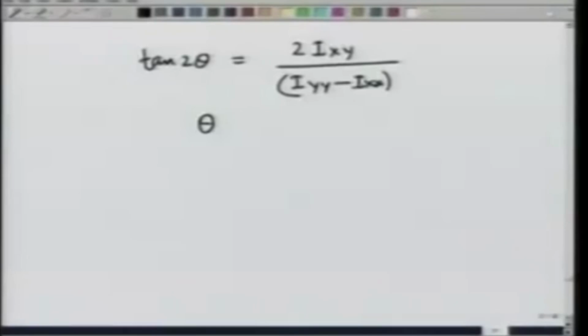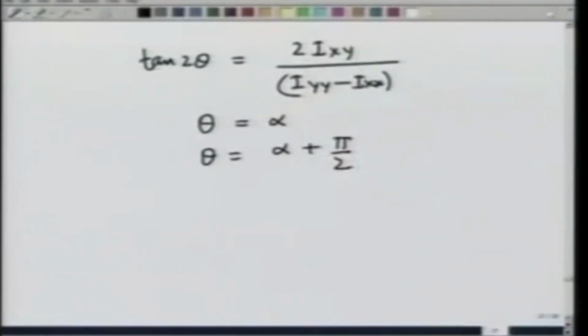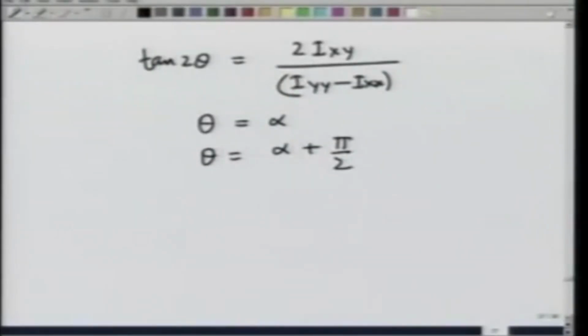This equation has two solutions. Suppose one of the solutions is theta equals alpha, and theta equals alpha plus pi by 2 is also a solution. So by rotating by angle alpha, I maximize or minimize the moment of inertia about that particular axis. You can show that about the axis at alpha plus pi by 2, it will be the other way. If it maximizes at alpha plus pi by 2, it will minimize, and vice versa.